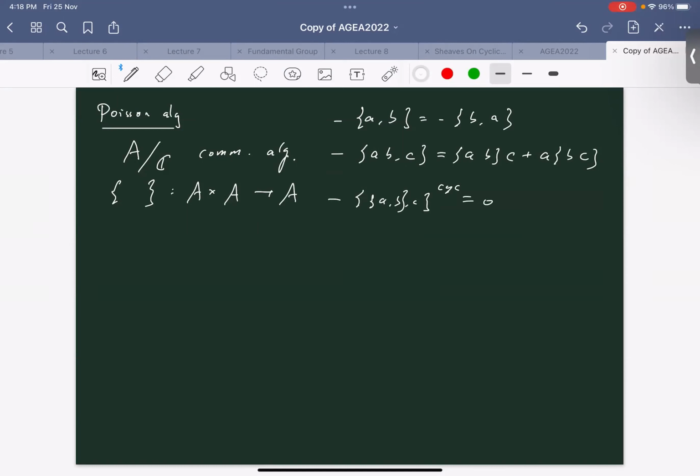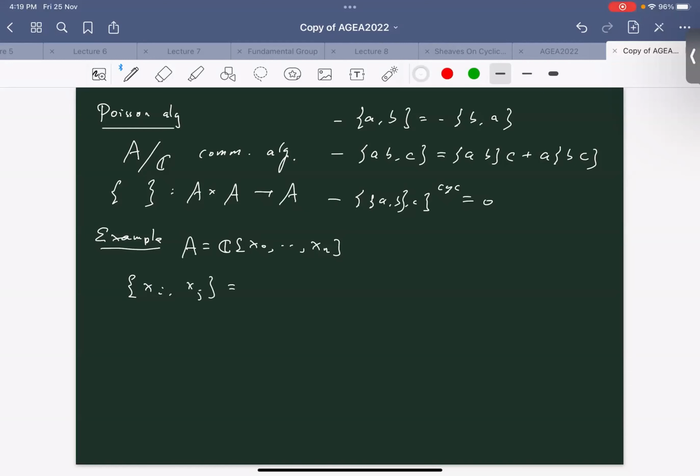So the basic example, or the first example, is the polynomial algebra. If we let A be the polynomial algebra, say in n plus 1 variables, then a Poisson bracket defines this binary operation.